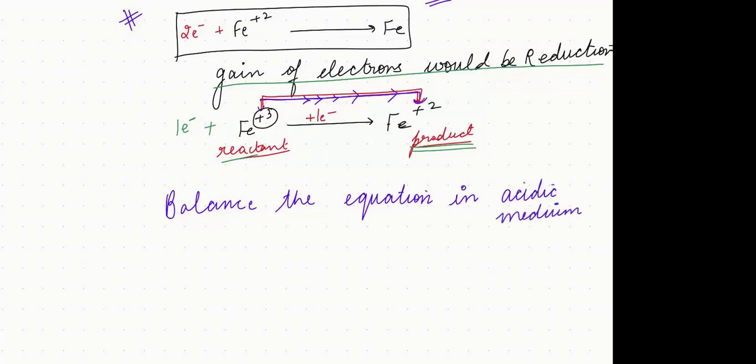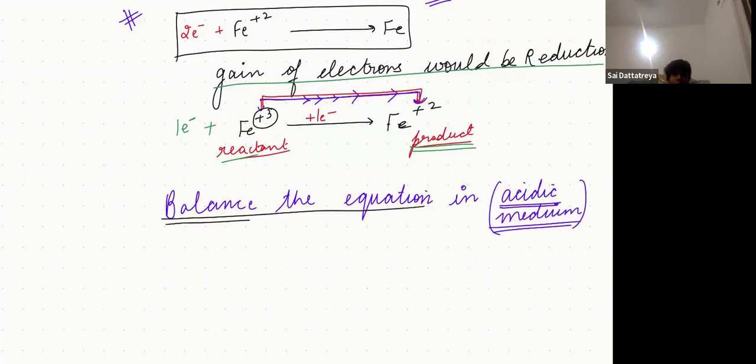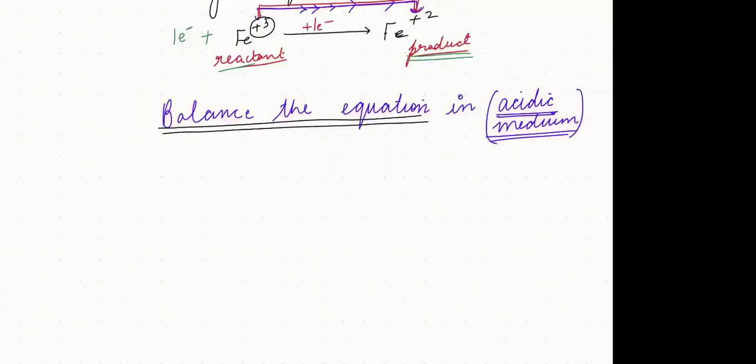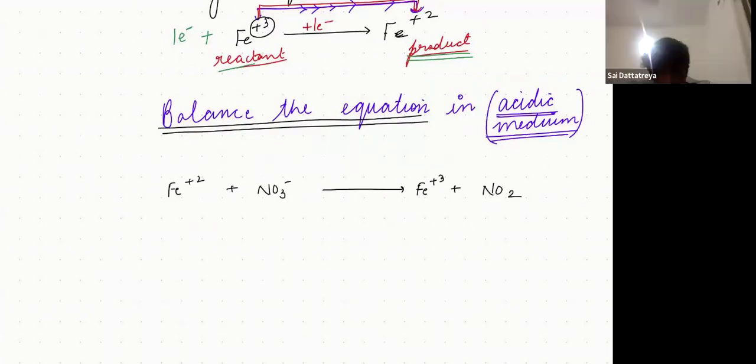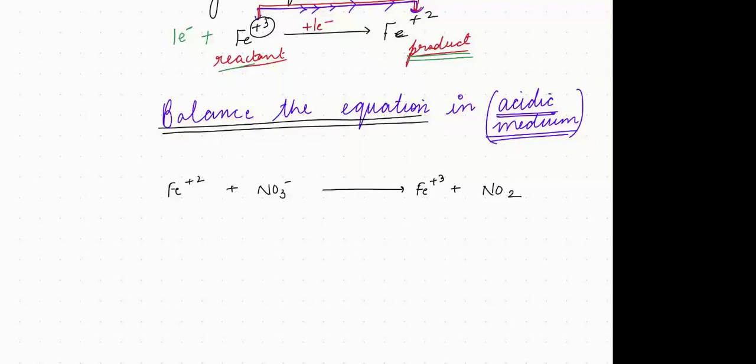The first method of balancing is in the acidic medium. Let's suppose I give you Fe+2 plus NO3 negative, and it gives you Fe+3 plus NO2. Here nitrogen has to carry a certain charge.